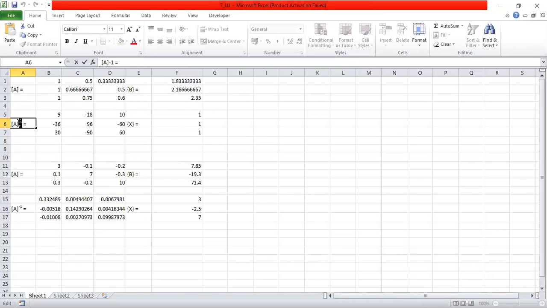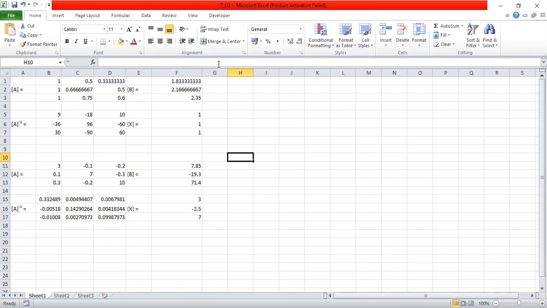I just formatted it to superscript so that it's going to be raised to power minus 1. That's what I did. So this is using Excel to solve algebraic equations.